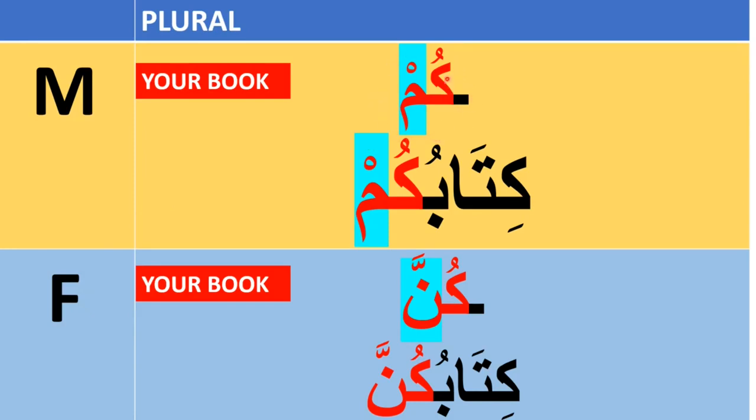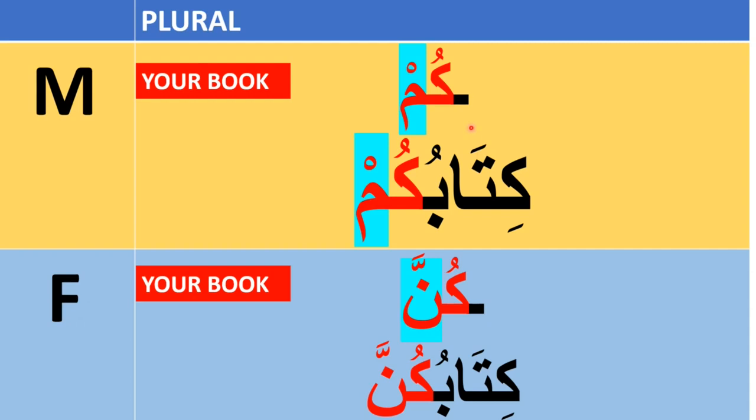Kum, the suffix kum is for plural masculine, and kunna is for the plural feminine.